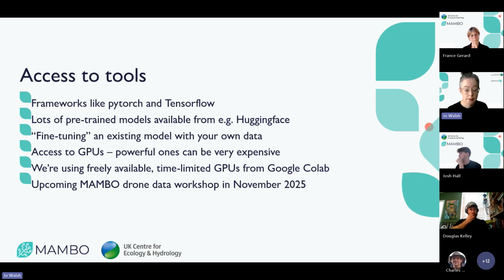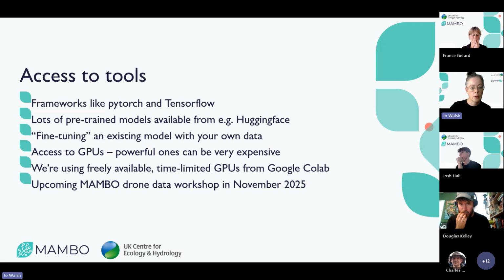I hope that some of this has inspired you to try these approaches yourselves, or to look at the approaches you've got and compare. And you might be asking, how technical do I need to be? How easily can I get to grips with this work? While if you want to get right into the depths of designing your own models, there are frameworks, mostly in Python, quite popular ones for doing that, like PyTorch and TensorFlow.